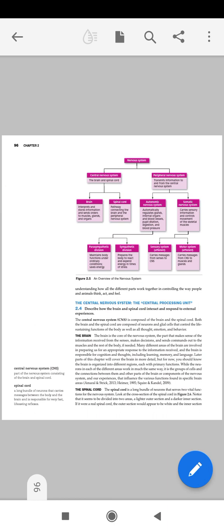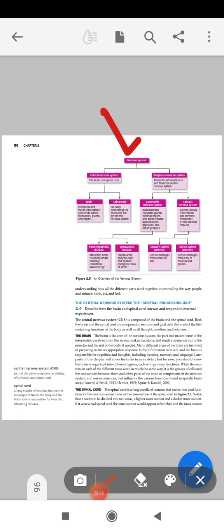Like you may have seen in this graph, the nervous system is divided into two parts: central nervous system and peripheral nervous system. The central is further divided into two parts: brain and spinal cord. Then the peripheral nervous system is also divided into two parts: autonomic and somatic nervous system.